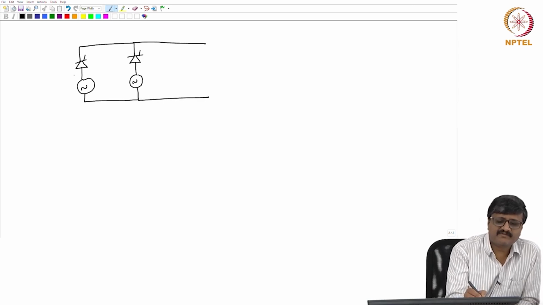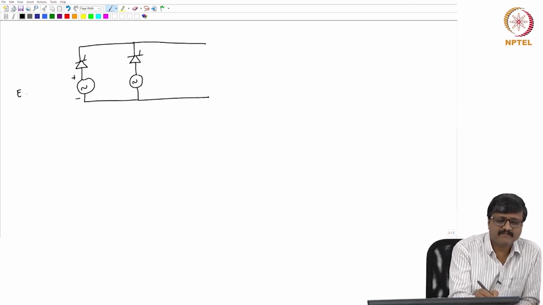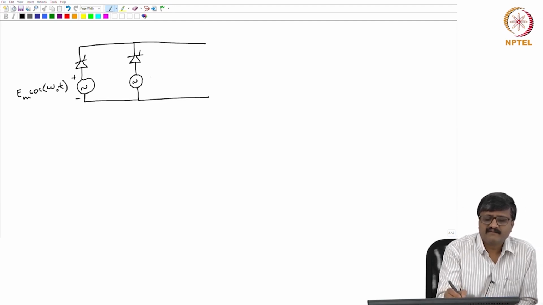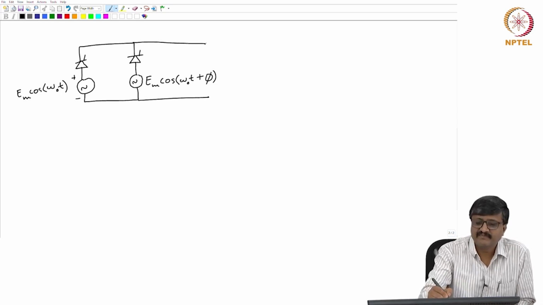So, let me call the instantaneous voltage across this voltage source as Em cos omega O t. Suppose this is Em cos omega O t plus a certain phase angle phi. I will talk about this phase angle shortly. Now, let me call the voltage across these two terminals as Vd, which is our DC side voltage.